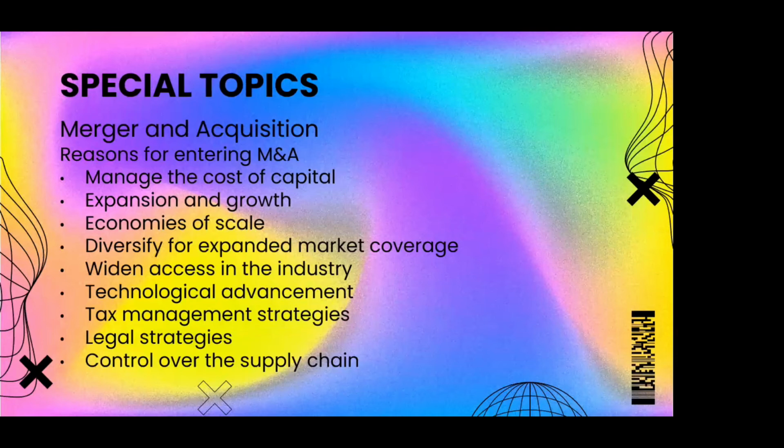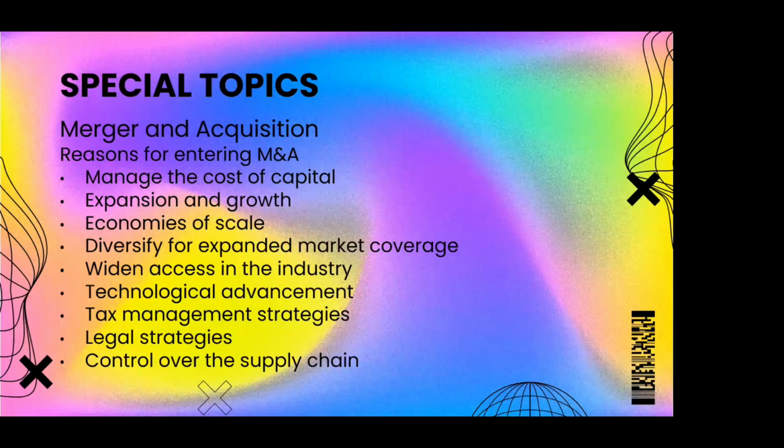Next, we have to diversify for expanded market coverage. So when we say diversification, all we have to do is spread all our investments, just to make sure that we are present in different markets. Widen access in the industry, just the same.